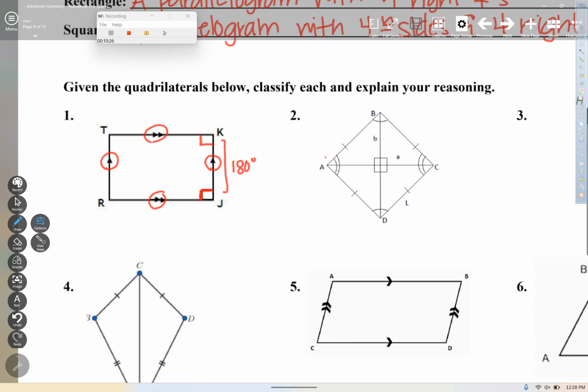And if that's true, then I know that this is also 90, which means that the bottom left corner is also 90. So this is a rectangle because it has 4 right angles. Perfect.